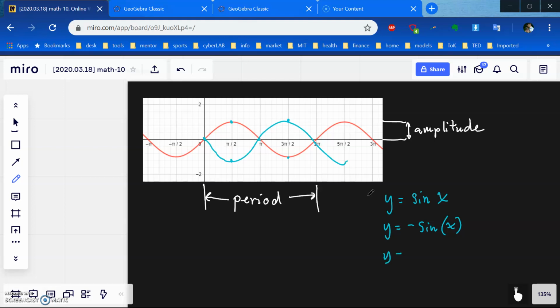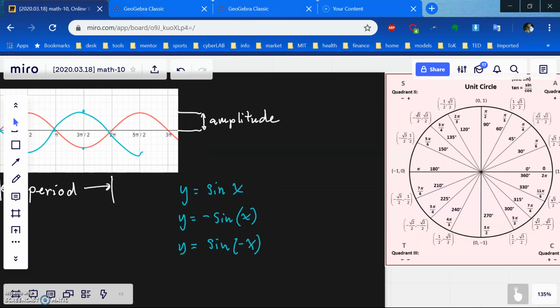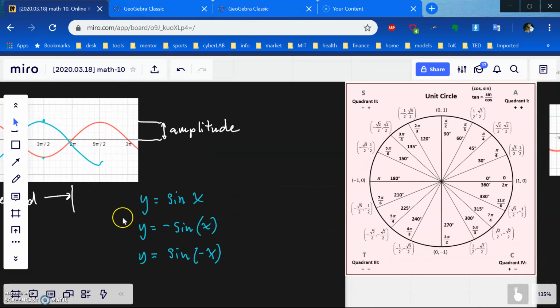What about if I had y equals sine of minus x? This is an interesting one. So suppose that I flipped not the result of the function, but the input to the function. Well, let's think about that. If I go over here on my unit circle, sine is the y coordinate.